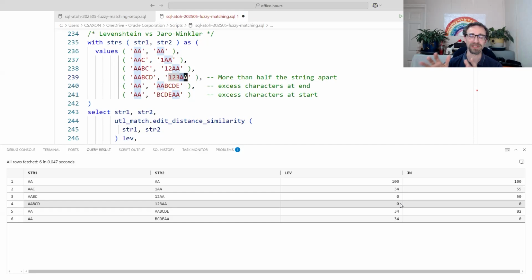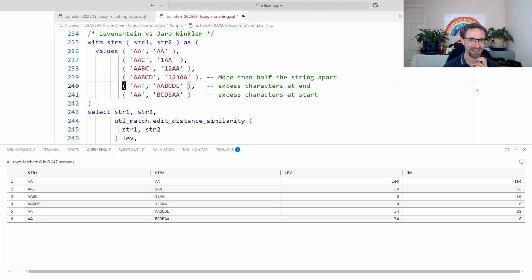So Jaro-Winkler is heavily biased to matching the characters at the start, which generally makes sense, right? Usually the beginning of how things sound, we're at least vaguely familiar with or more certain about. Not always, as we saw with Christopher K versus CH, but generally. Things also get interesting when there are excess characters before and at the end. So Jaro-Winkler, AA to AA with stuff at the end, considers these strings very highly matched, okay, 82% here.